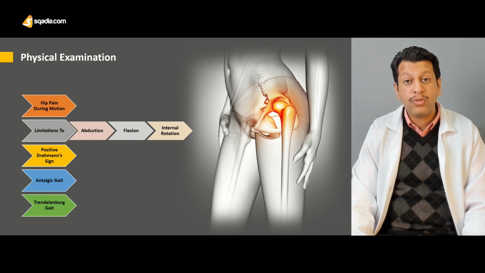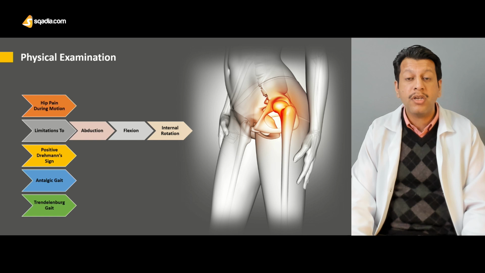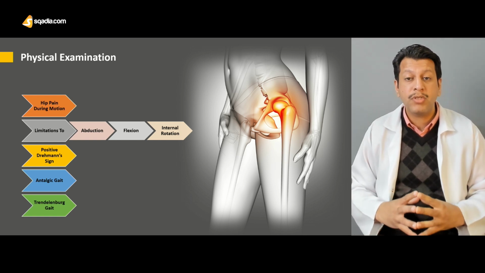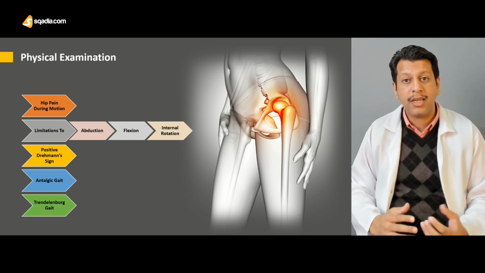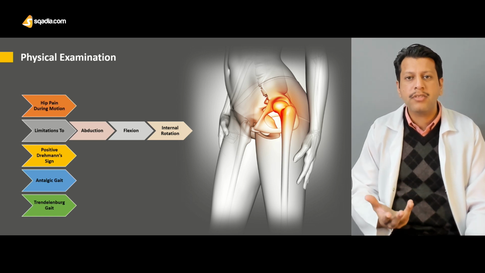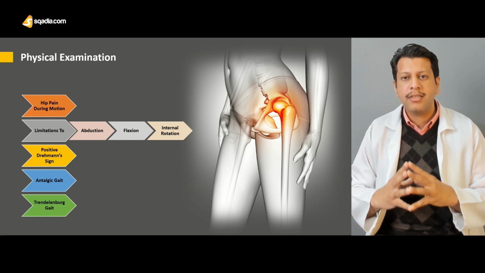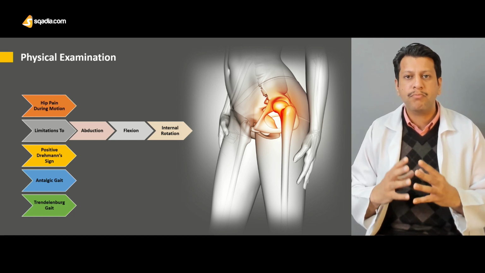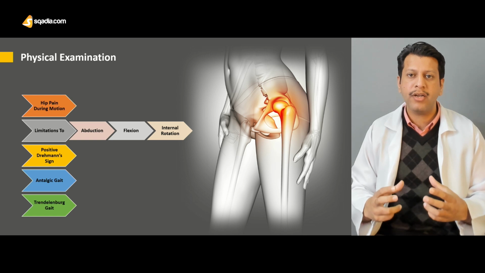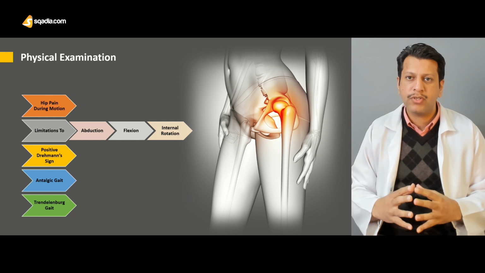Then, as I told you, there may be an associated Trendelenburg gait. Continuous hip pain and involvement of gluteus medius and minimus may eventually lead to loss of the abductors of the hip joint, or abductor weakness, which may result in a positive Trendelenburg sign or Trendelenburg gait. That is, when the patient starts walking, there is sway on the abnormal side, and this results because the pelvis cannot bear weight when the patient is standing on one leg during the stance phase of this joint.